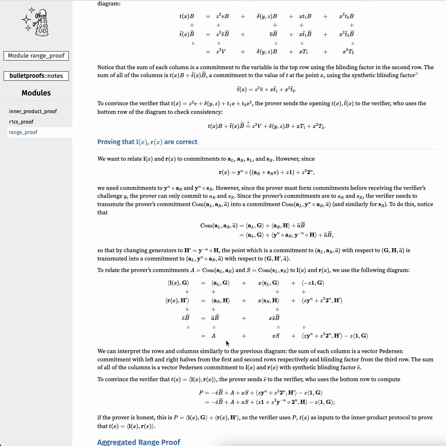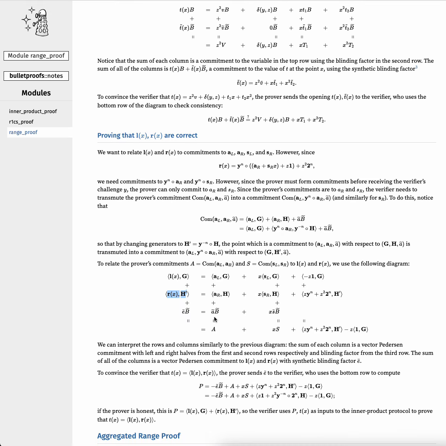And then we do minus this thing here, so that we get this non-hiding commitment here. And this thing here is an addition of two different blinding factors. So the prover, I believe, sends that to us, and it's all good.